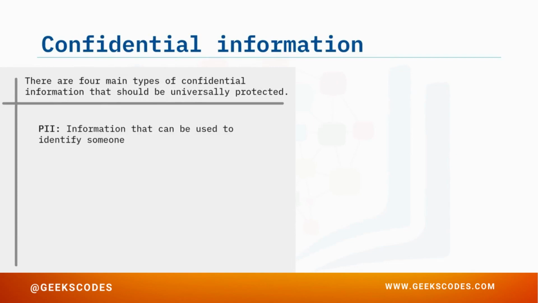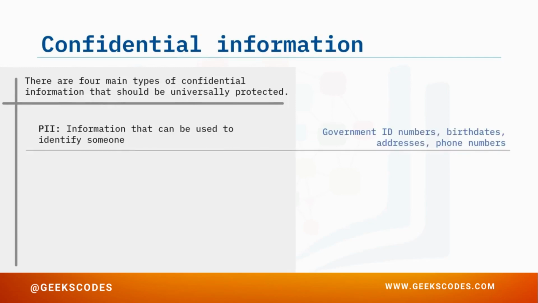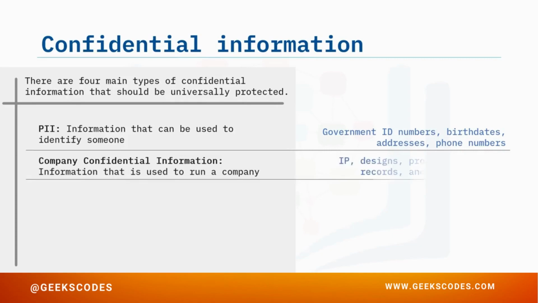Personally identifiable information, or PII, is any information that can be used to identify someone, like government ID numbers, birth dates, addresses, and phone numbers. Company confidential information is any information that is used to run a company, like intellectual property, product designs, procedures, plans, employee records, and financial data.